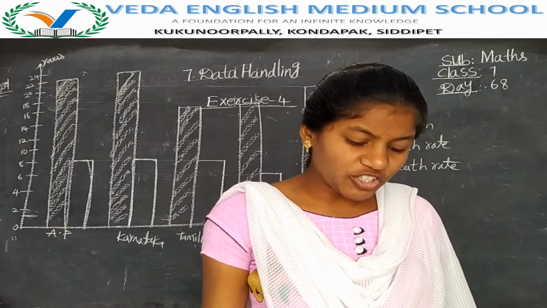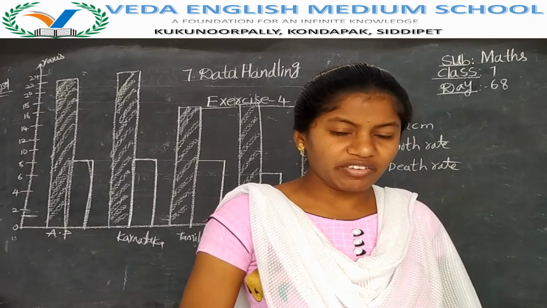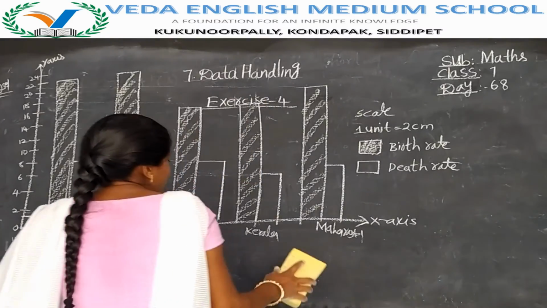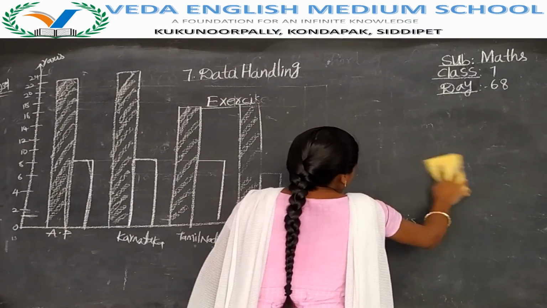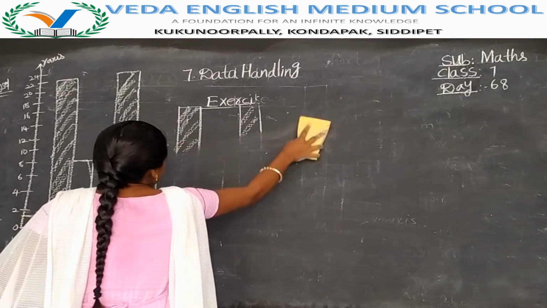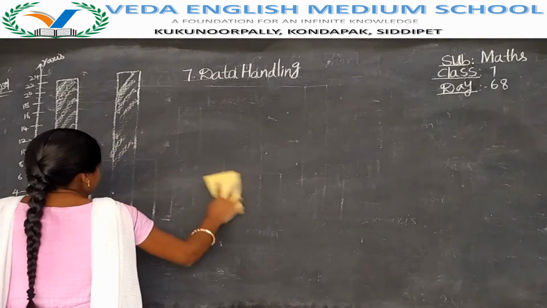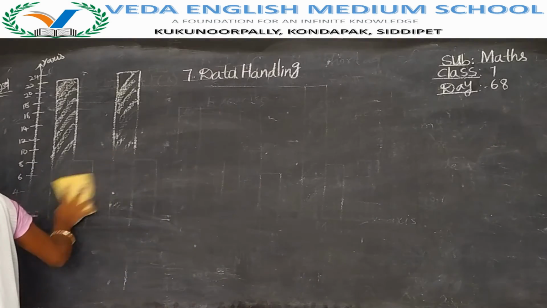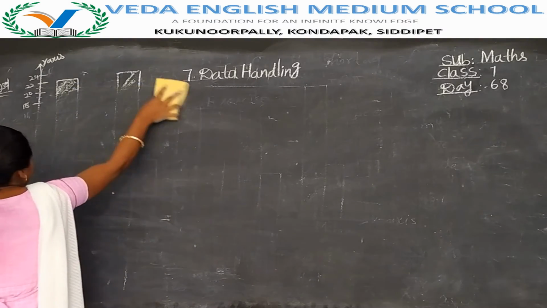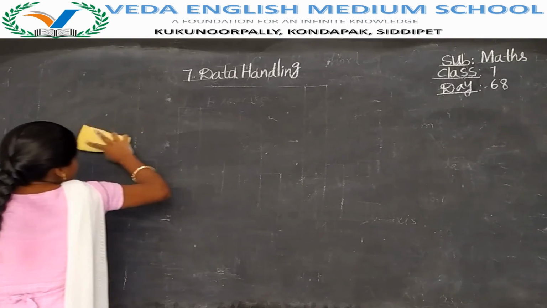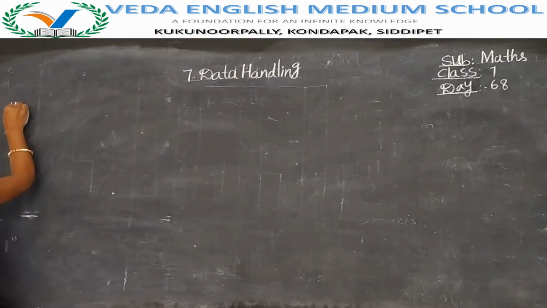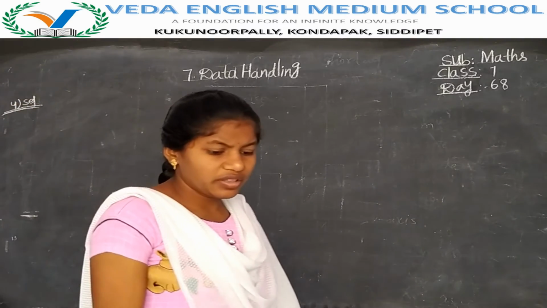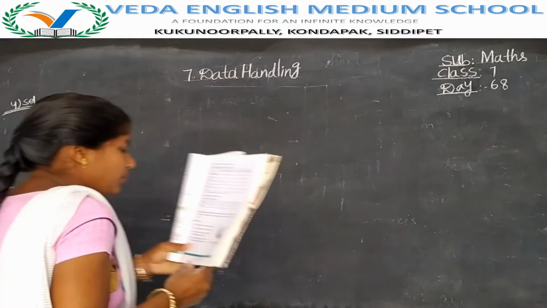Next, draw a pie chart for the following data. They have given one data set, and we have to draw the pie chart for it. So how to draw the pie chart? Same like the second problem we have drawn, same like that only. Fourth solution, pie chart.